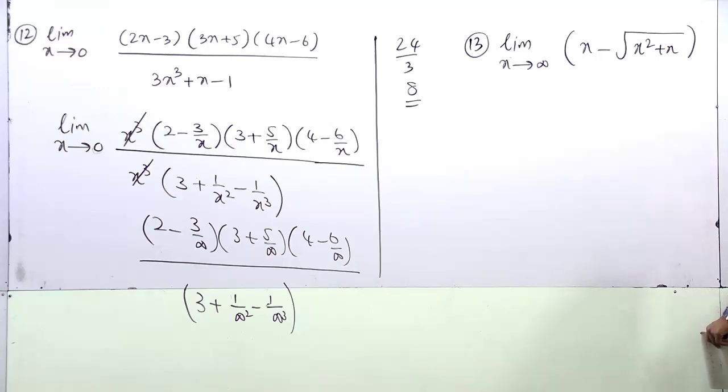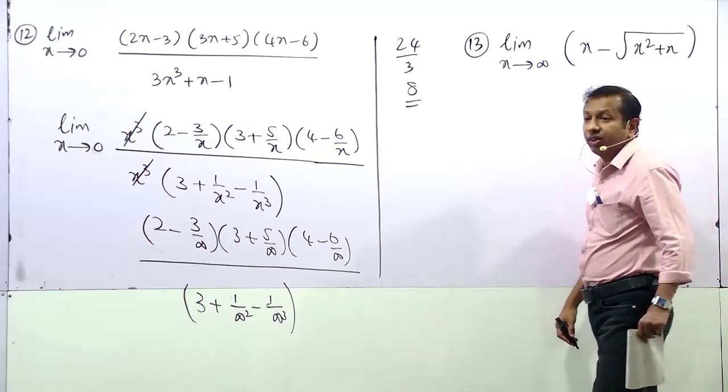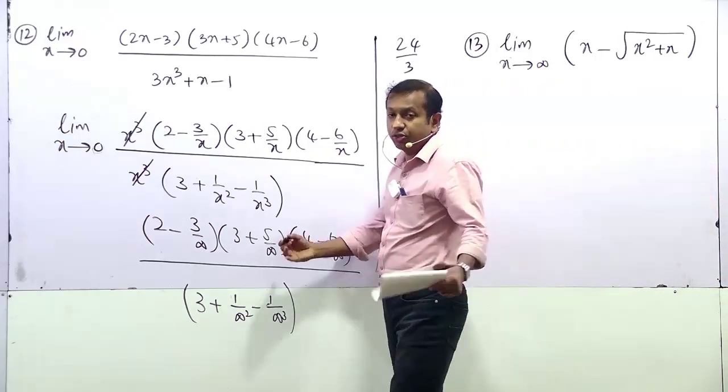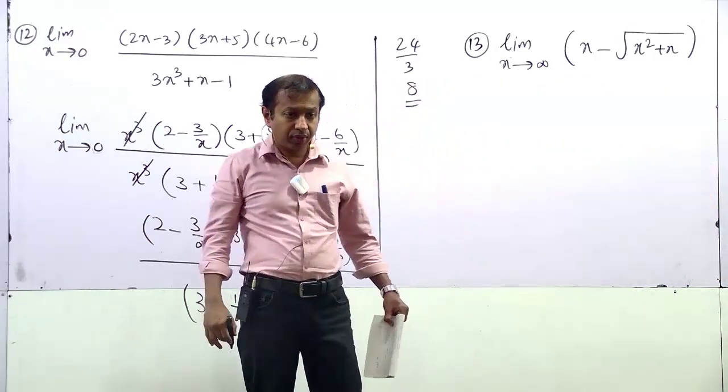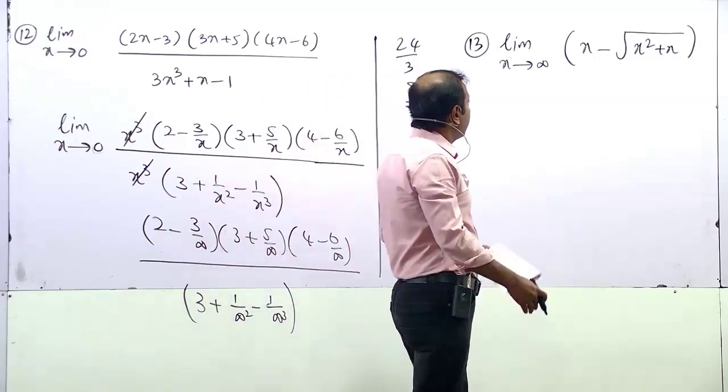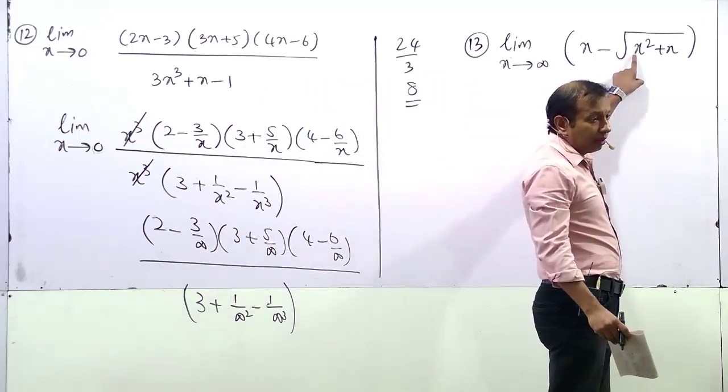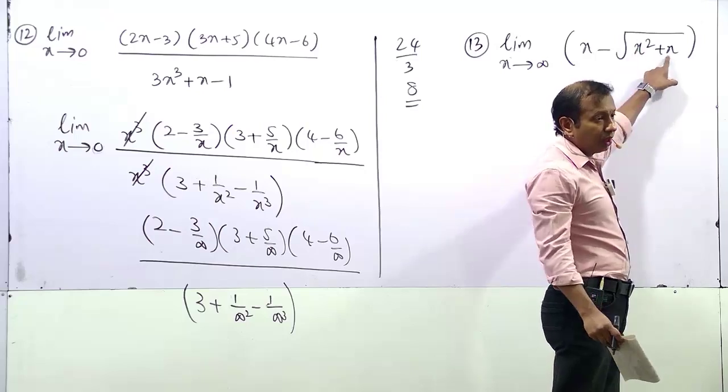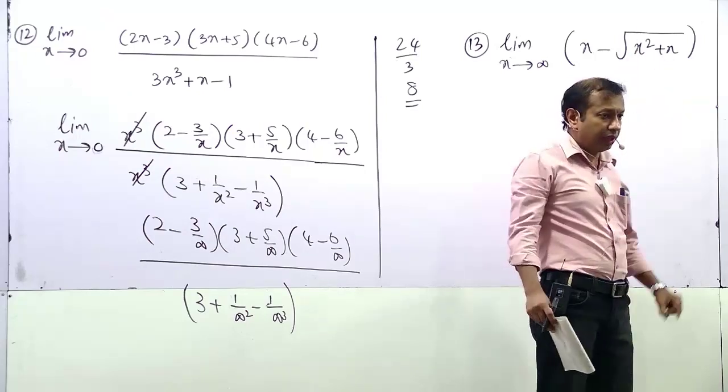Then we get this way. Infinity minus infinity. Infinity minus infinity has no meaning, an undefined form. So therefore, in this case, to get the answer, multiply this by its conjugate and divide by conjugate and simplify.